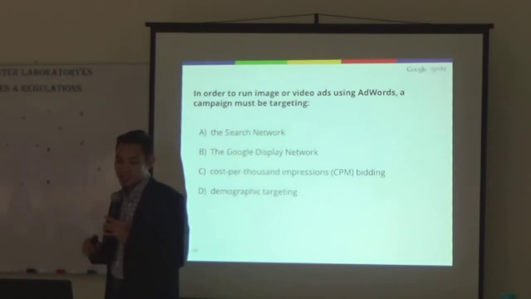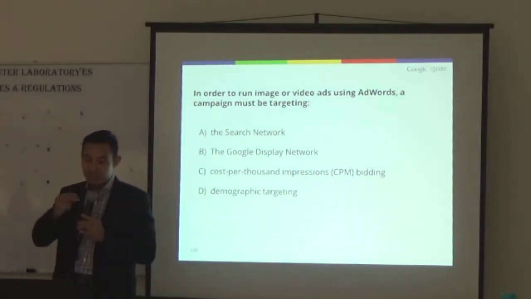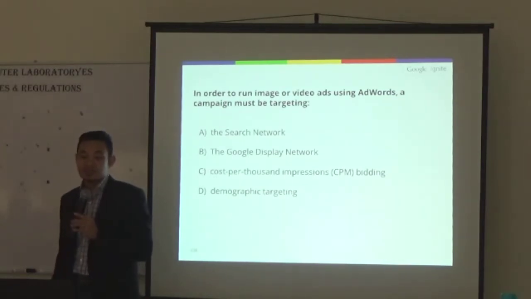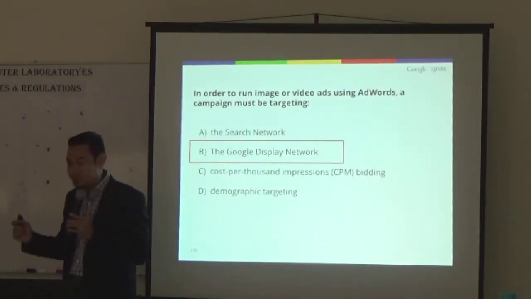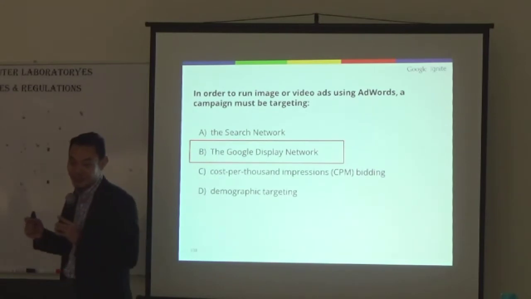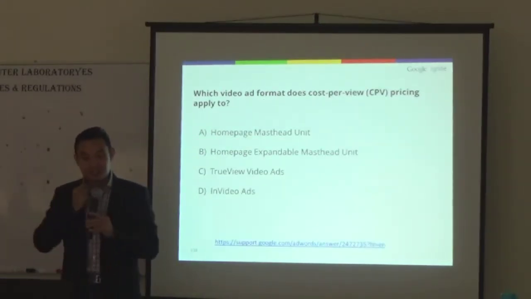Next question: in order to run image or video ads in AdWords, a campaign must be targeting what? If you get this wrong, don't say you come from my class, okay? If you want to go into video and image, definitely you have to go to GDN. Next question here.